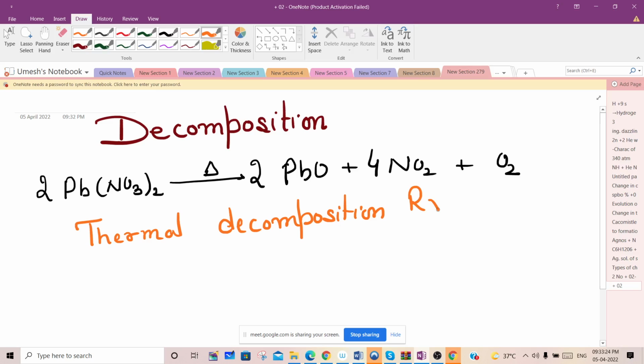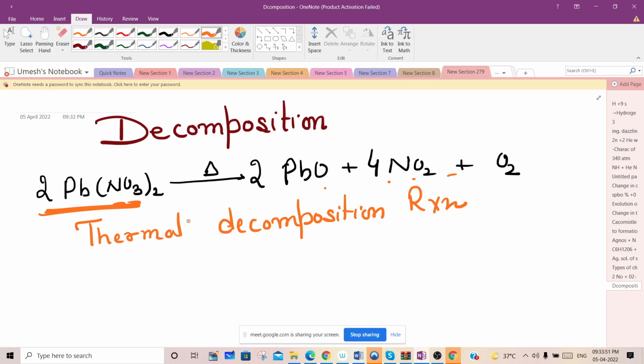Sir, can you explain? A single substance undergoes break up into a number of products upon heating, so we call this a thermal decomposition reaction. Sir, can you repeat the definition? Right.